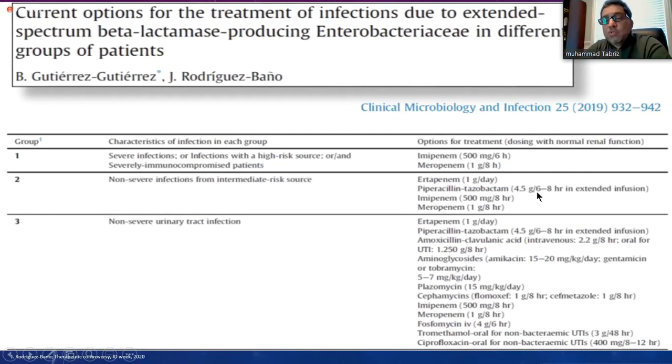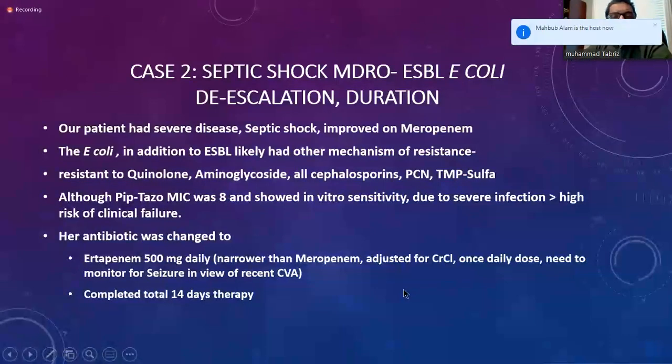However, you'll use it at high dose, and we talked about extended infusion. By giving extended infusion over 4 hours as opposed to half an hour, you try to keep the concentration of the drug above the MIC most of the time before the next dose, to overcome the higher MIC that this bacteria might show. In non-severe infection like UTI in the community, you could consider amoxicillin clavulanic acid, or trimethoprim sulfa, even ciprofloxacin.